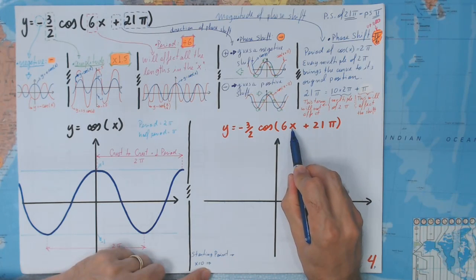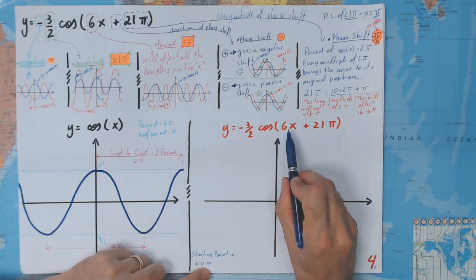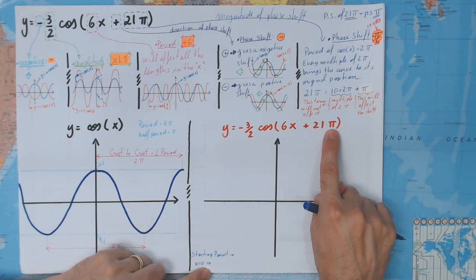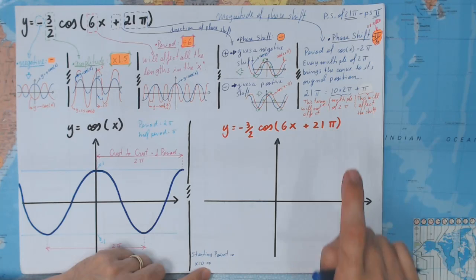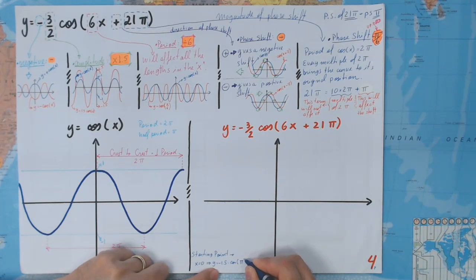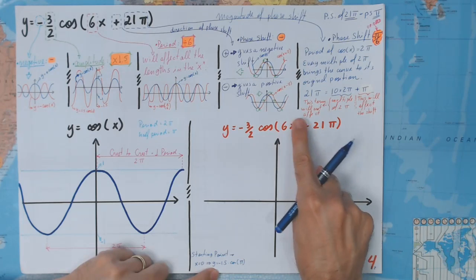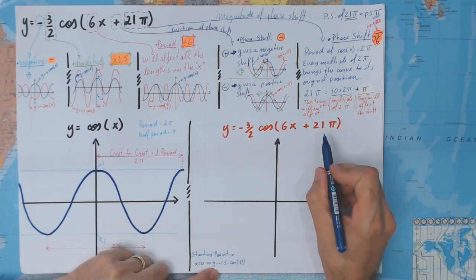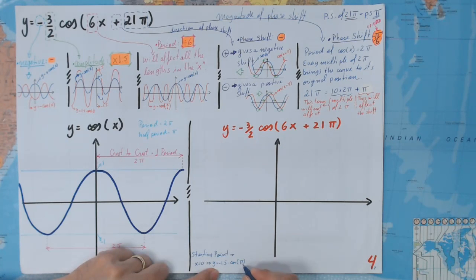When x equals 0, we're going to have a cosine of 21 pi. We have seen that 21 pi is the same as pi, okay? So y is going to be minus 1.5 times the cosine of pi, because 21 pi and pi are the same for the cosine. Okay, and what is the cosine of pi?